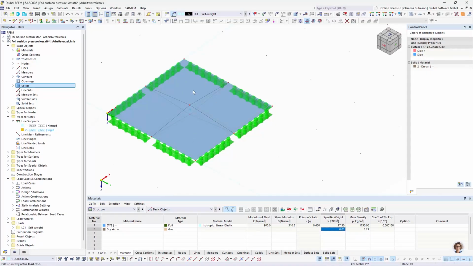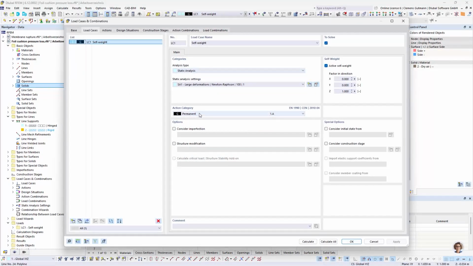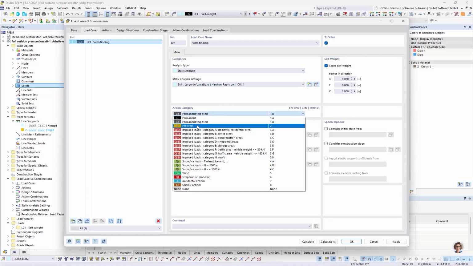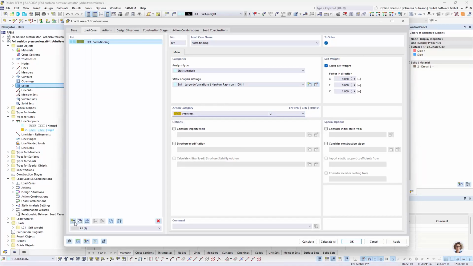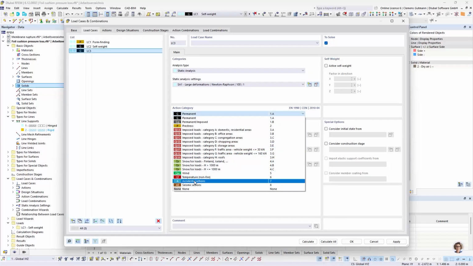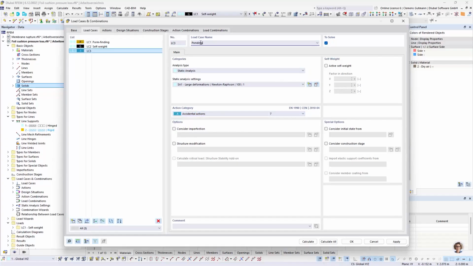We then can proceed with the loads. For the form finding, and then we have, of course, our permanent load, so the self-weight, and last but not least, our ponding load. Okay.